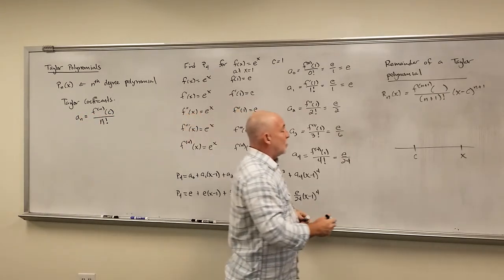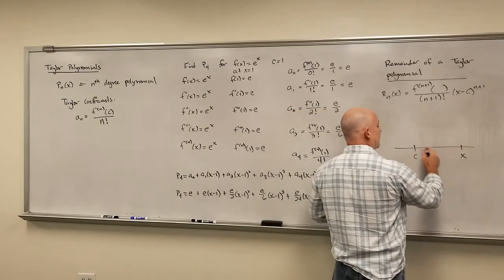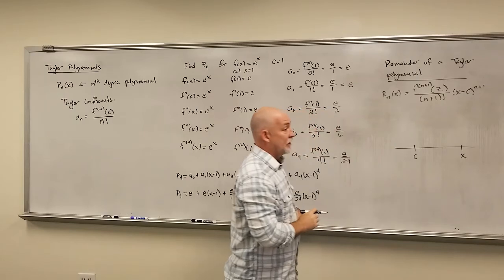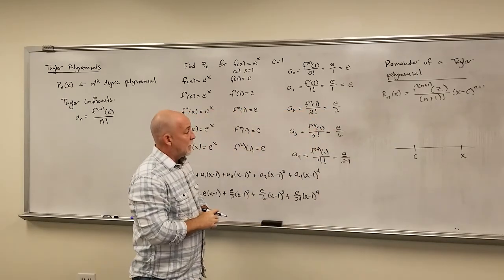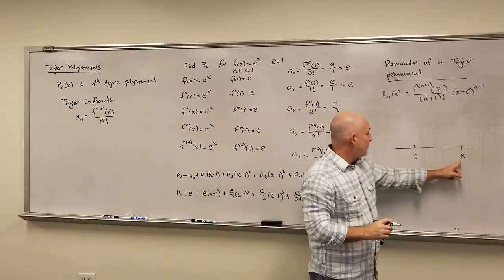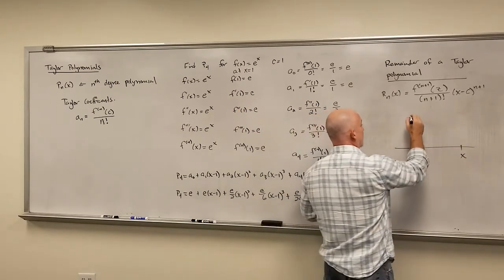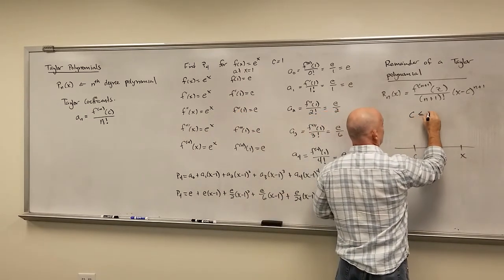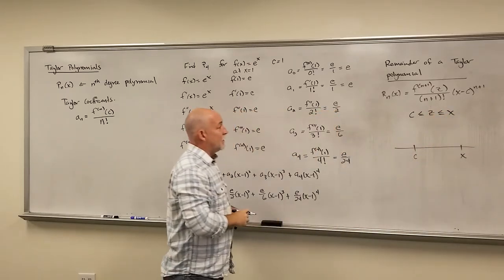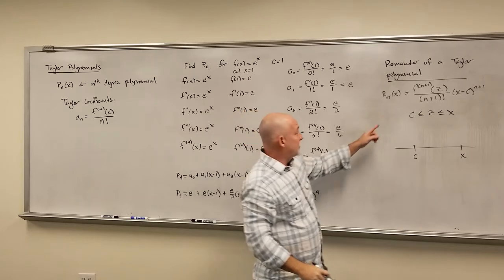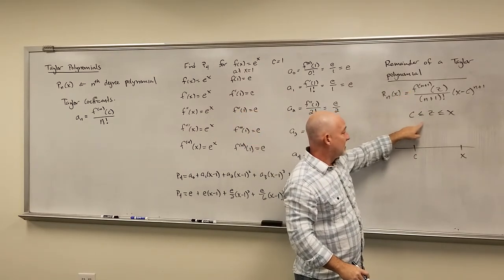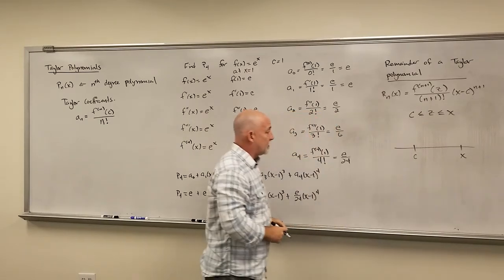Now, there's got to be some value between these two that maximizes that derivative. You find the value z that falls in between c and x. There's got to be a value there that maximizes it. So that's what this z value is, the value that maximizes that derivative between those two values.